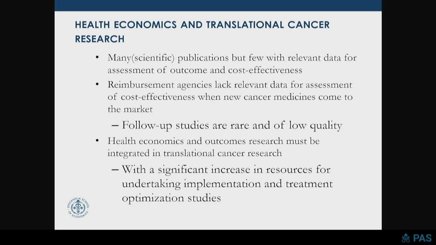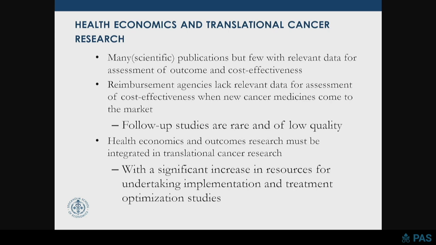So what we need to do is, of course, to improve the situation. There are a lot of health economic studies of very low quality. Reimbursement agencies lack the relevant data to assess cost effectiveness, and follow-up studies are rare and of low quality. And so health economics needs to be integrated in translational cancer research with a significant increase in resources for undertaking implementation and resource optimization.